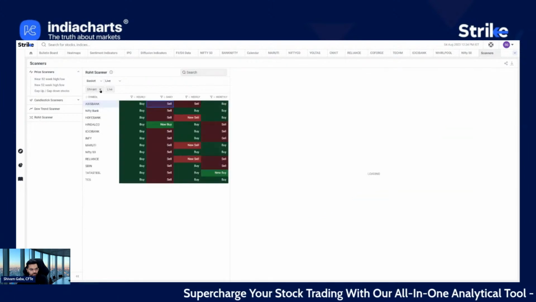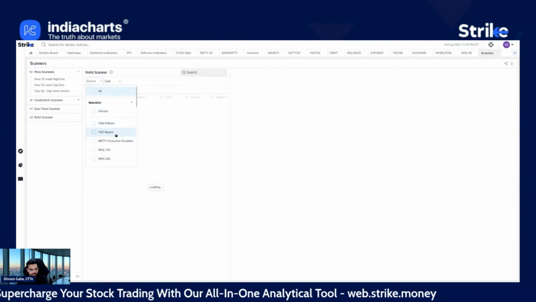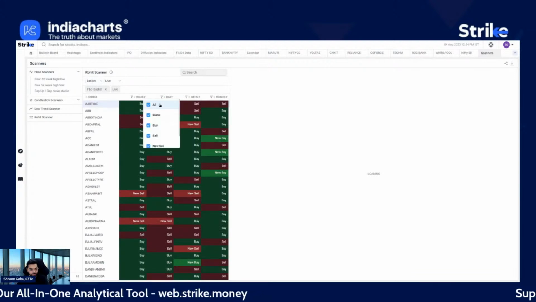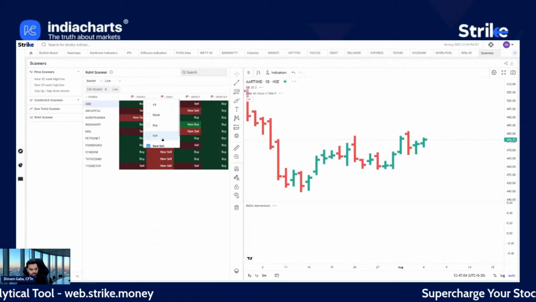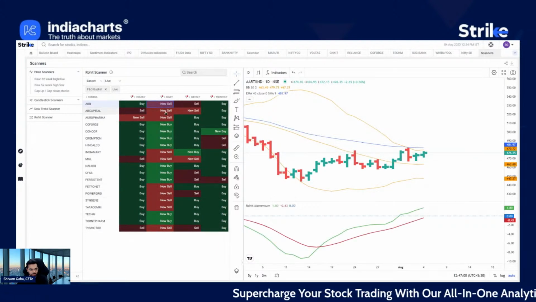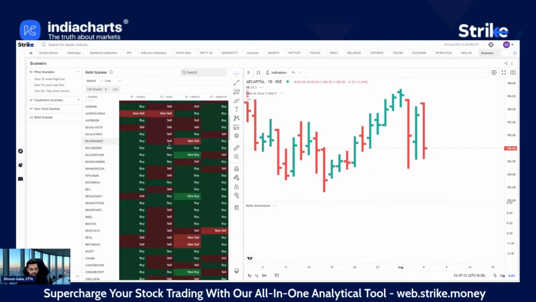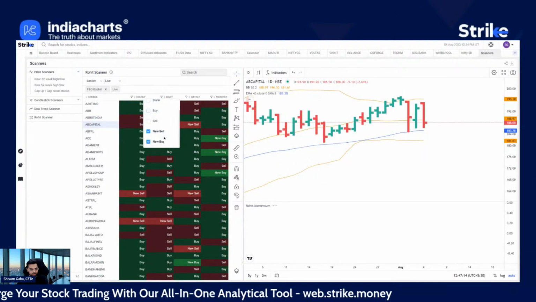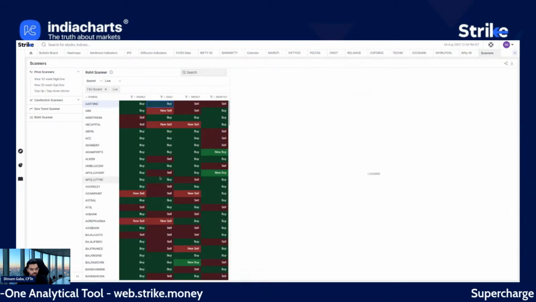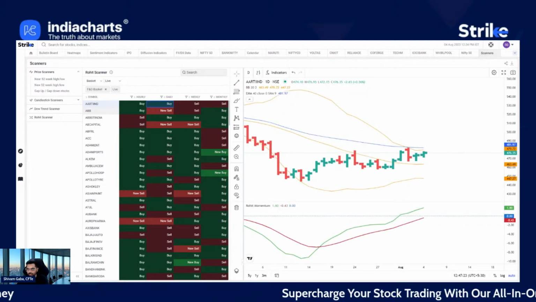In our Rohit scanner, where we look for crossovers on the RMI indicator, I selected the F&O basket, and on the new signals, there are plenty of new signals happening in today's session. That will be interesting to watch out for. So this is how you can filter a particular type of signal and have a look at that.